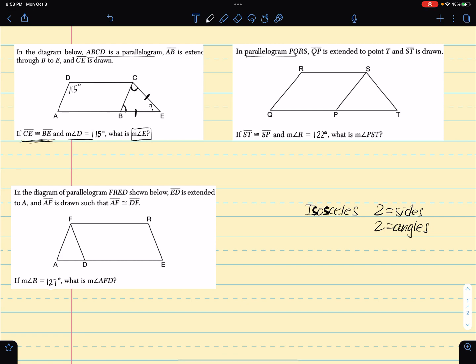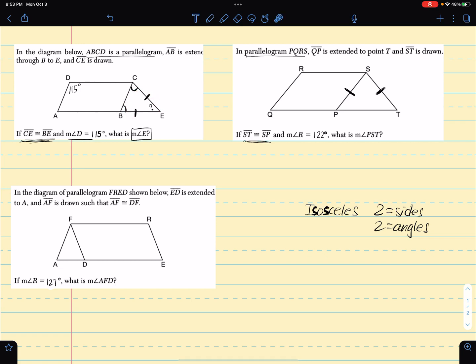So here it says parallelogram PQRS. Line segment QP is extended to point T and line segment ST is drawn. If line segment ST is congruent to line segment SP, this is where you put the slashes.